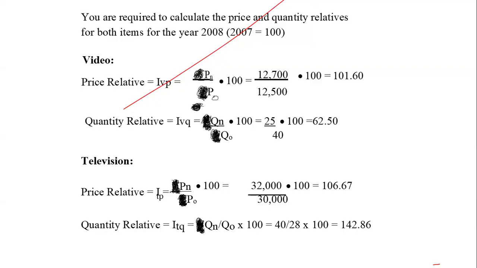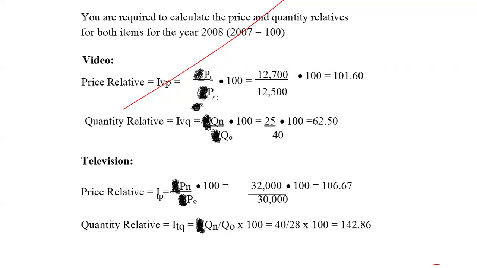For each of the items, video and television, you must calculate the price relative and the quantity relative. For each of them, you are calculating both. Based on the formula, you know that price relative is given by the price at some other time point divided by the price at the base time point times 100%.